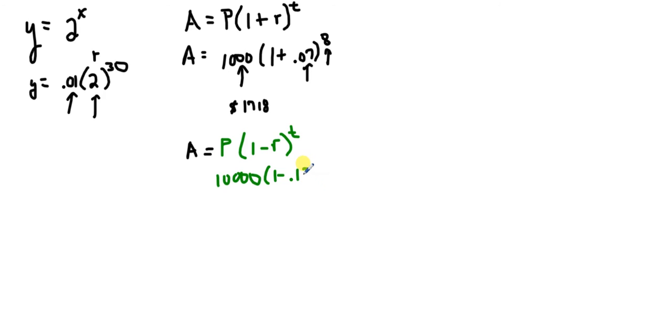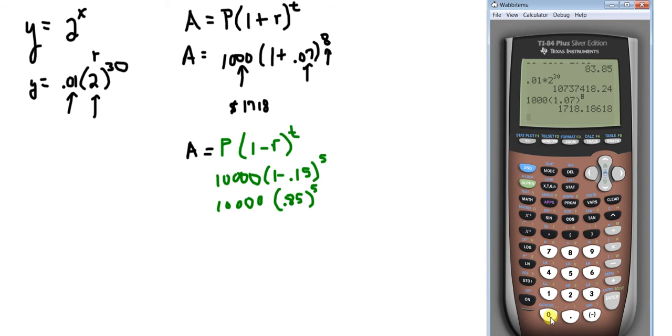So 15% is 0.15. And how much will the car be worth after 5 years? So $10,000, this is 0.85, and this is actually called the decay rate. On this one, 1.07 is the growth rate, and then for 5 years.